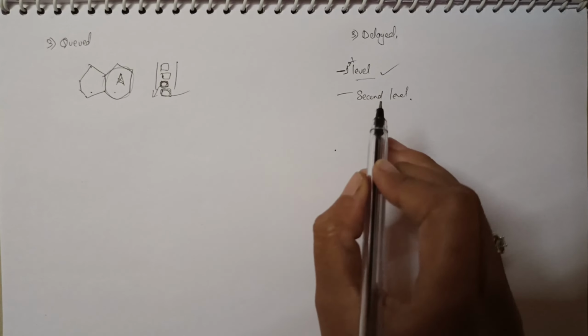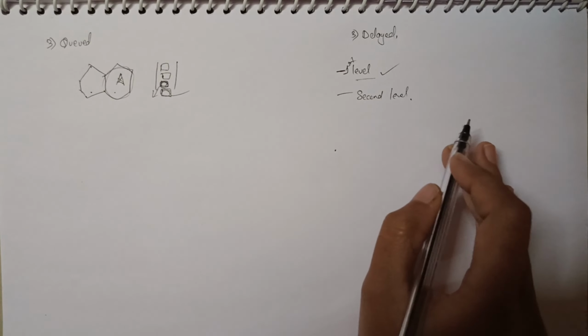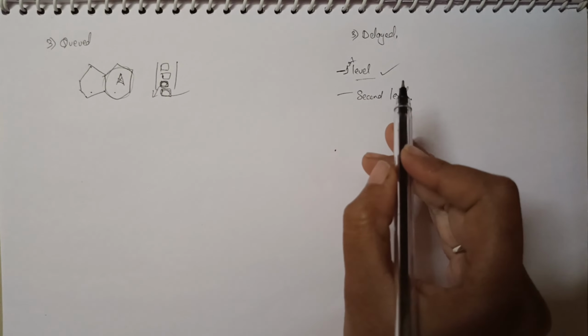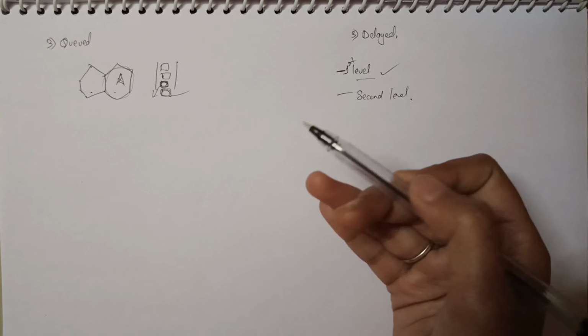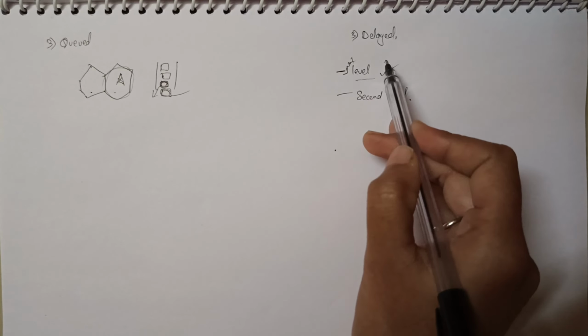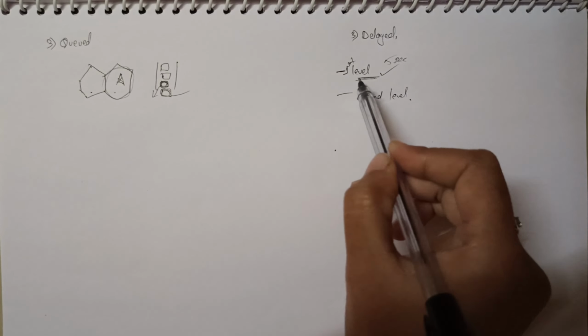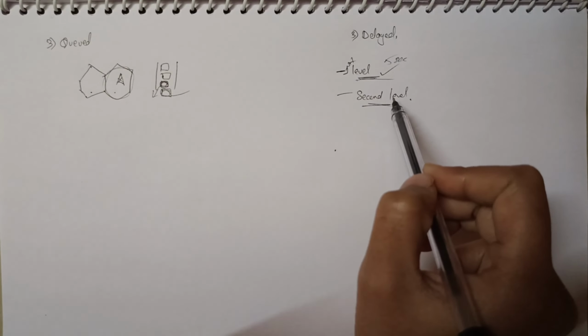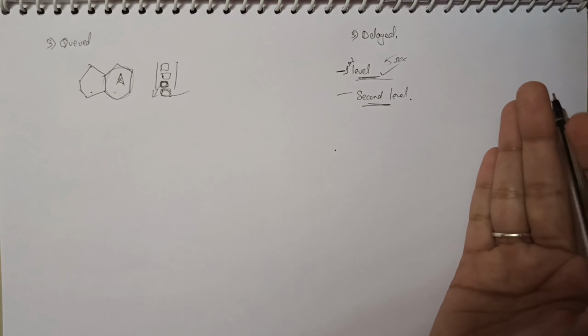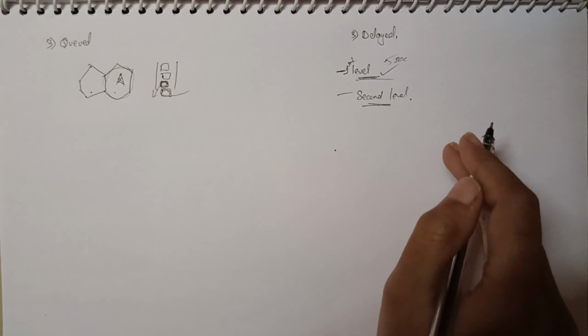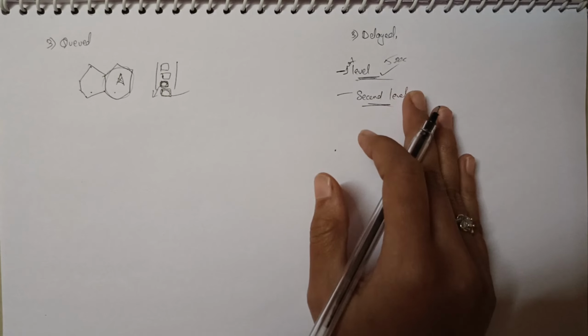Until then the call will not be dropped, but it will check for the availability of a channel after every 5 seconds in the first stage, and in the second stage it will go for handoff without putting any conditions. So this is delayed handoff.